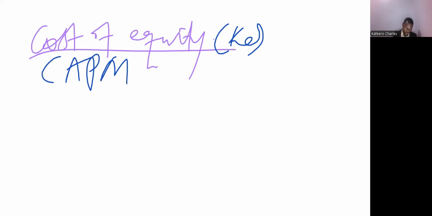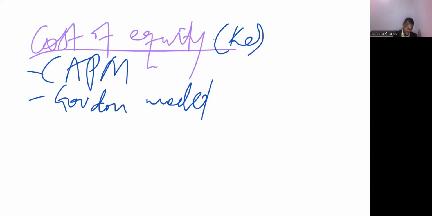Finally, we also said that we can use the Gordon model and also the M&M model, or Modigliani and Miller. I want to look at M&M when we go to capital structure theories. It's a topic we are going to look at, and we shall see what these people say.